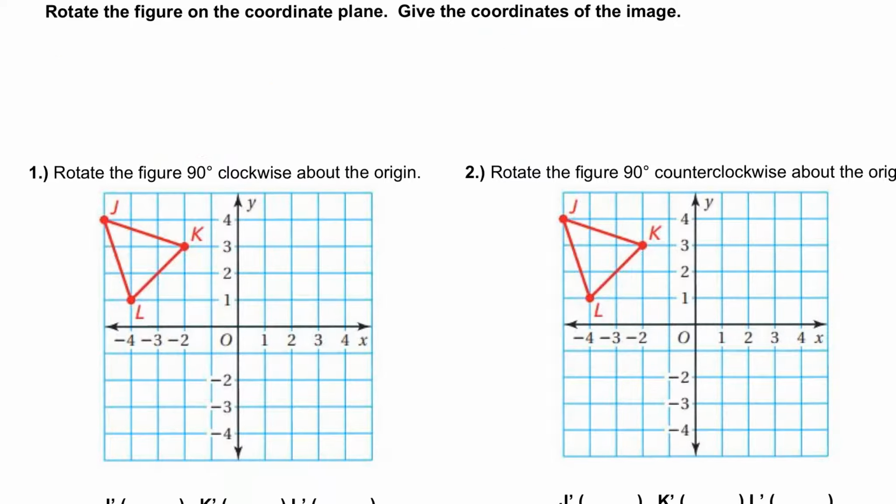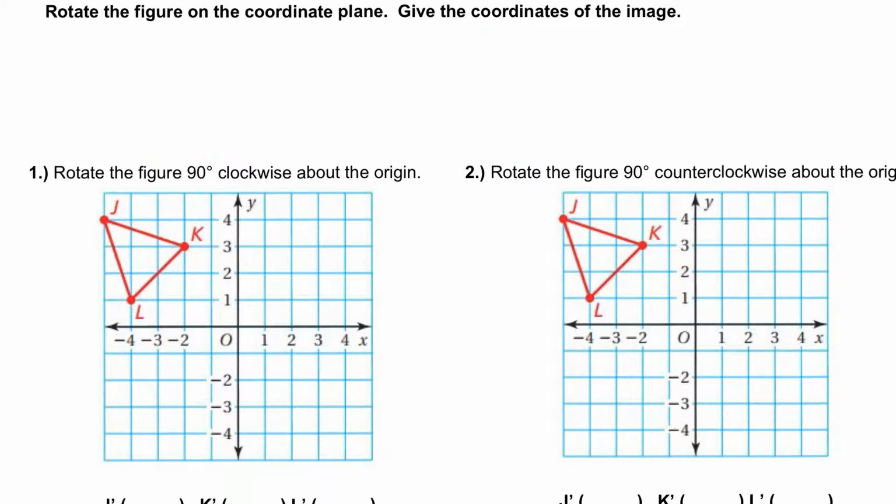So number one says rotate the figure 90 degrees clockwise about the origin. So we are going to physically rotate our paper 1 turn to the right. So our paper is going to be sideways here. Making this now our x-axis, and this becomes our y-axis here for the time being.